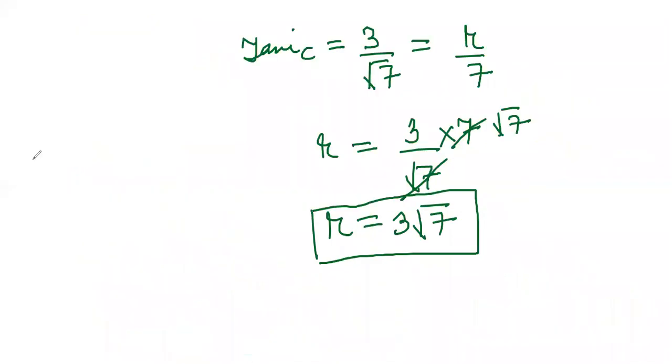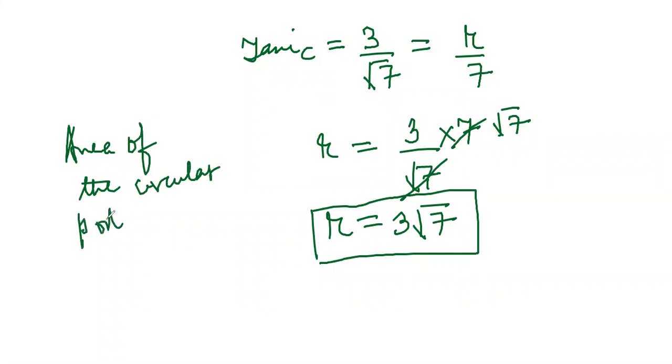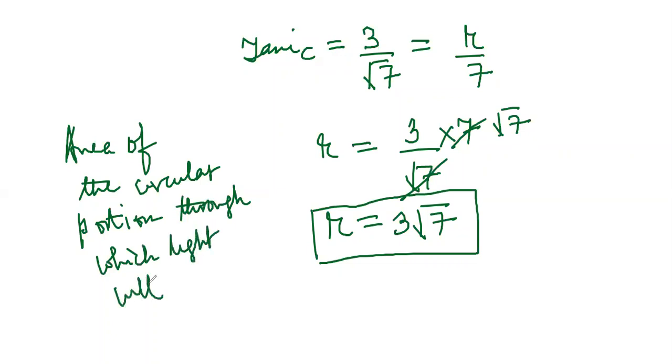The area of the circular portion through which light will emerge out is equal to pi r square.